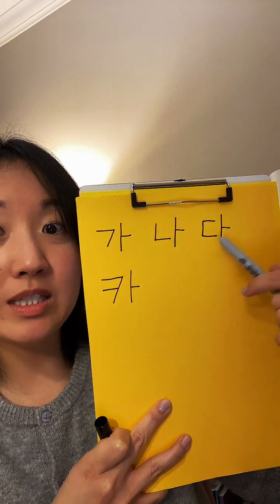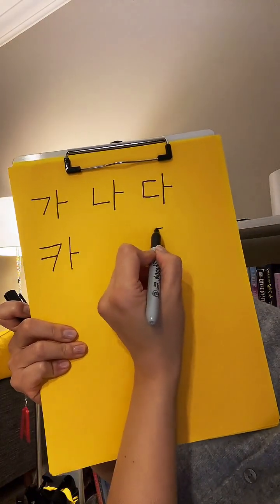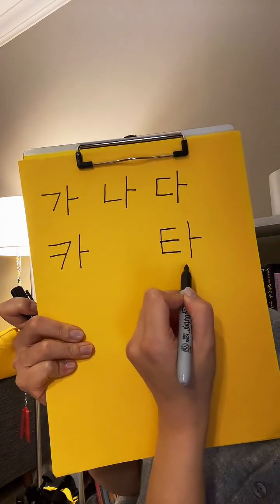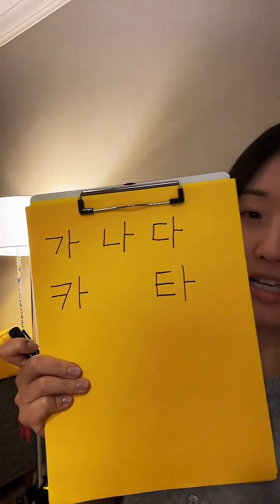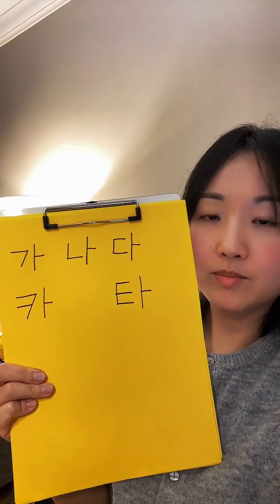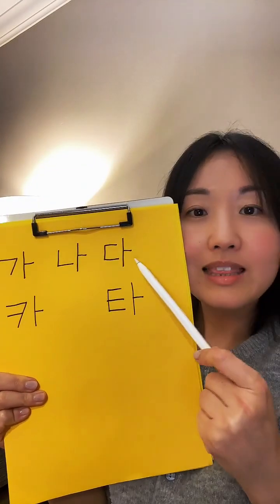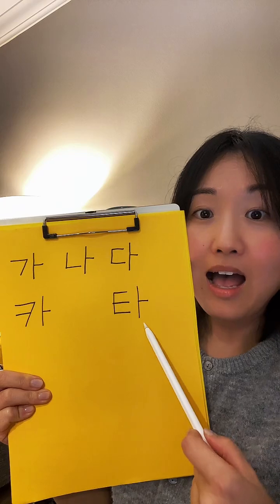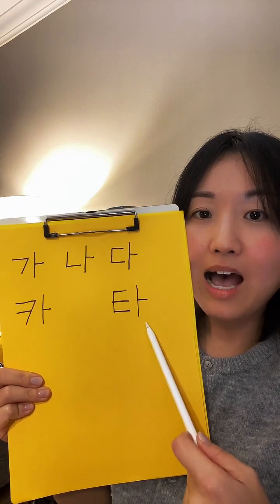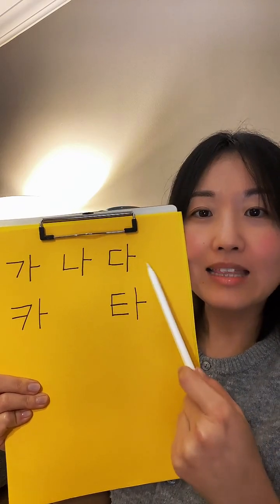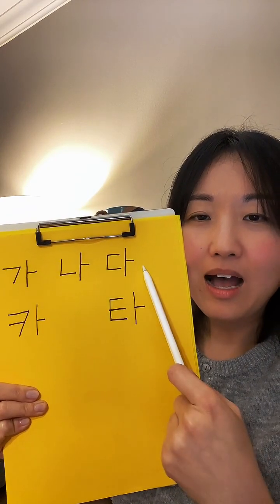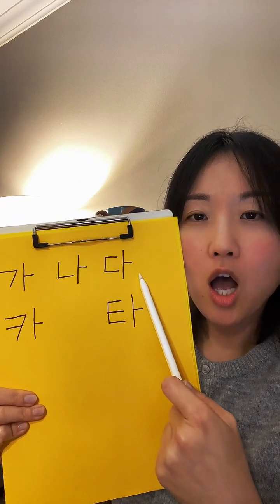What's the similar one with the tigut consonant? This one, right? 네, kind of like laughing. So we have ta, ta, ta, da, da, ta, da, da, ta. Not daw.